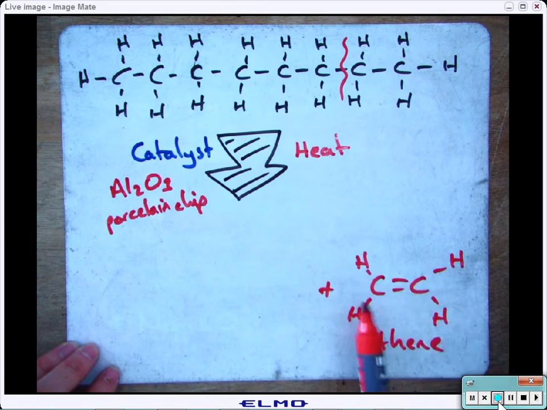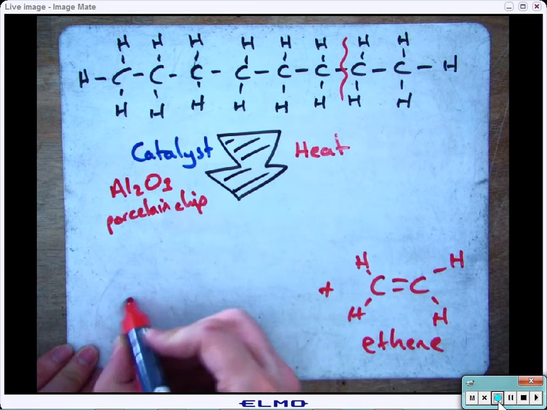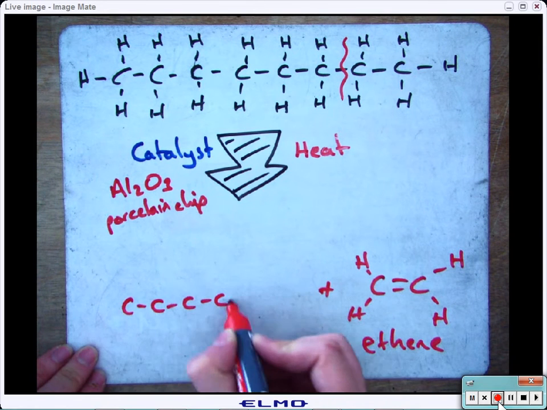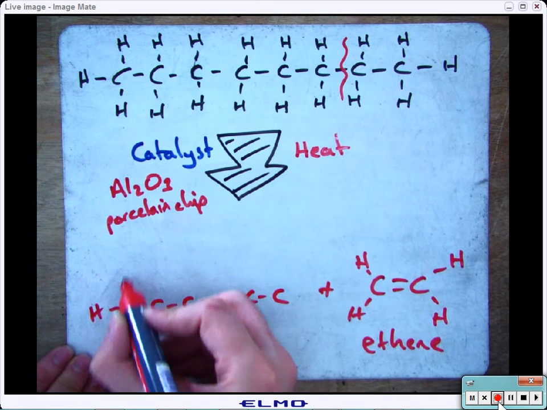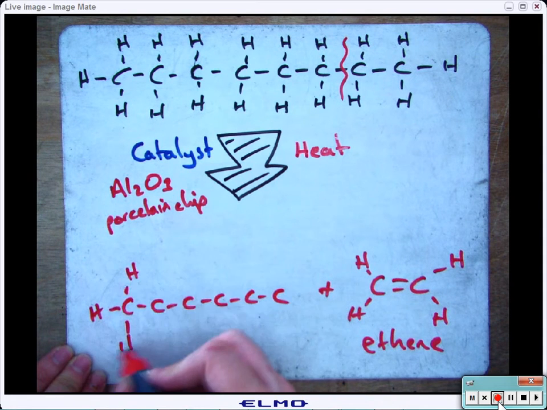Now it's just a case of this being broken down, so if we've got 2 of our 8 carbons here, we're left with 6. And it's an alkane, so we have no double bonds, we just fill it in with hydrogens.